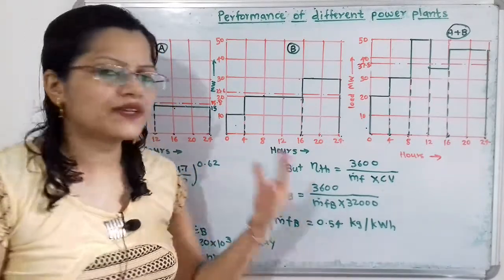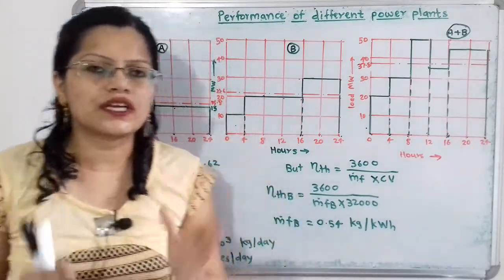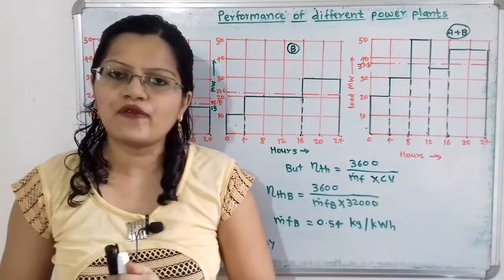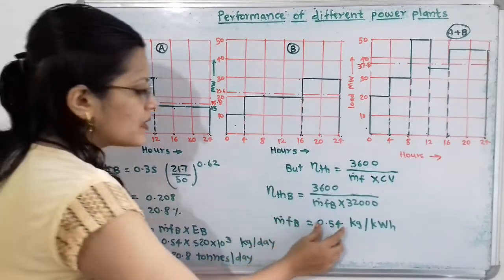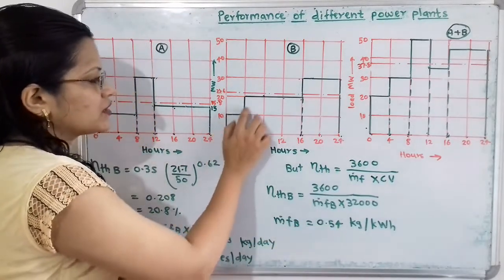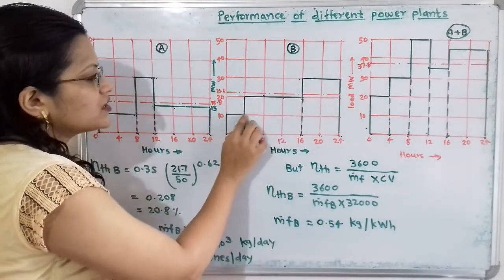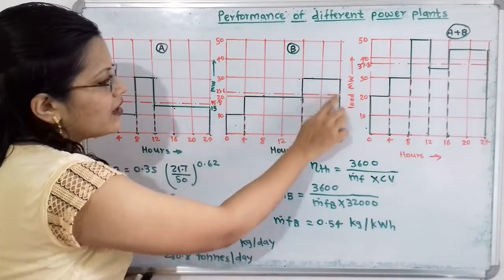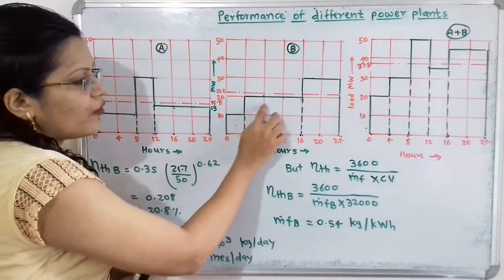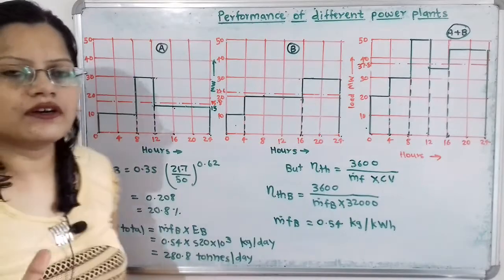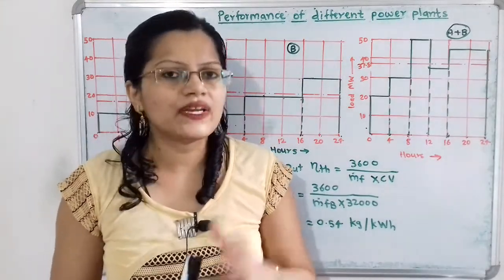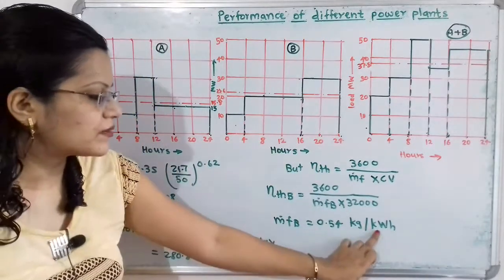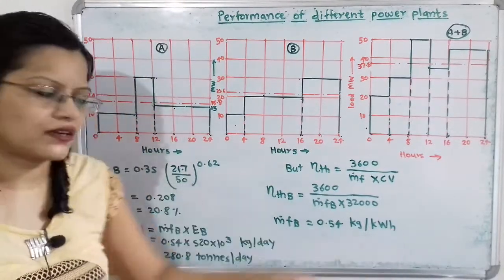Now from this we can calculate what is the total amount of mass of fuel supplied. For that we have to multiply this with energy generated. So energy generated is nothing but area under this load curve. So for this area under the load curve we have calculated, and it is in megawatt hour. So we have to convert it into kilowatt hour, because here the unit is kilowatt hour.